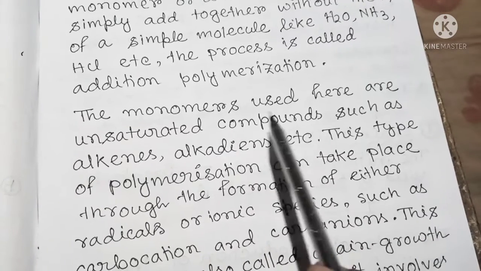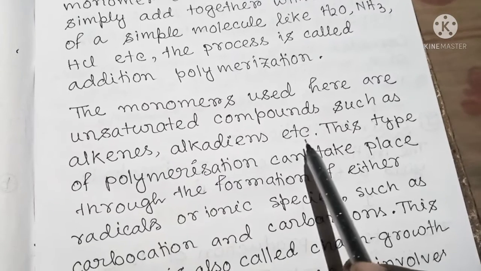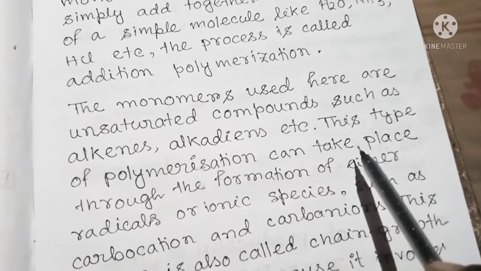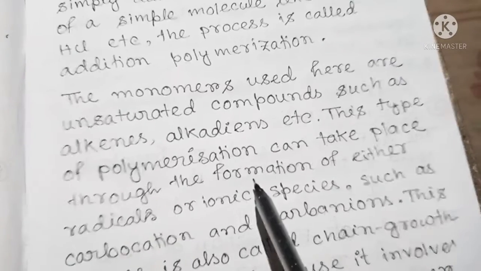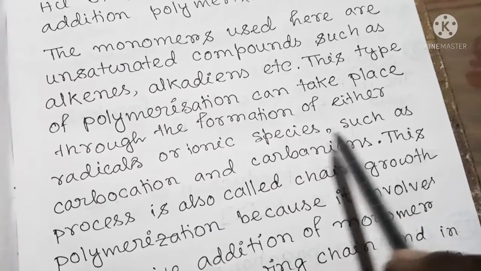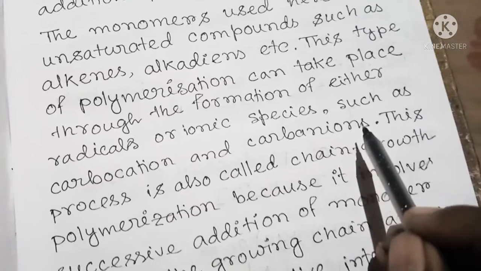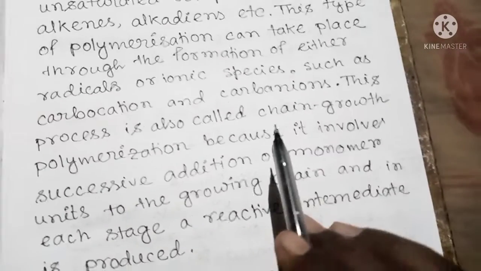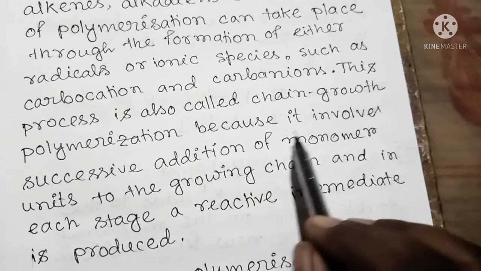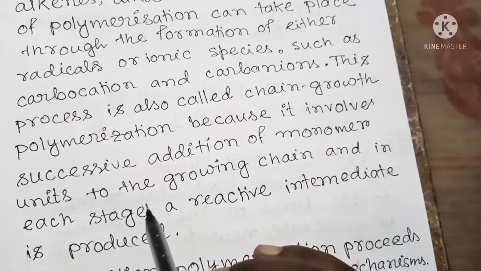This type of polymerization can take place through the formation of either radicals or ionic species such as carbocations and carbanions. This process is also called chain growth polymerization because it involves successive addition of monomer units to the growing chain, and in each stage a reactive intermediate is produced.